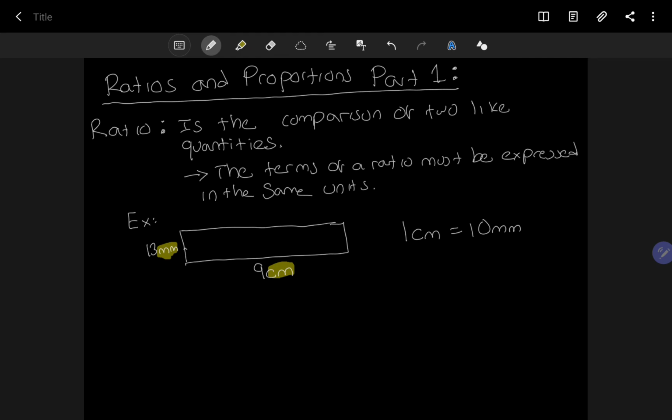So one thing that we are going to have to make sure we know is, and I'll get you a copy of this, the metric system and some of the unit conversions. Because as you get some of the projects, they might be in different units, and you just have to make sure you get into the same one. So from here, we can multiply by 10. And what we really have is 90 millimeters.